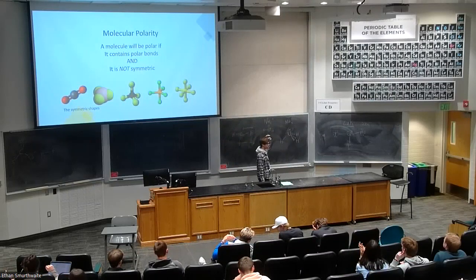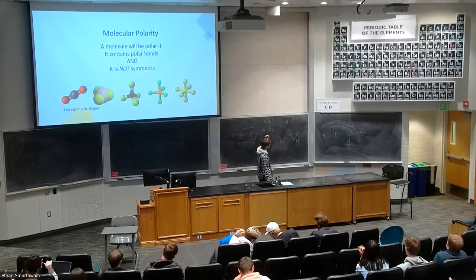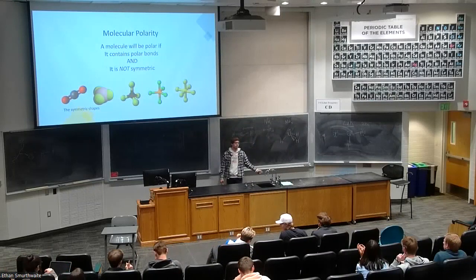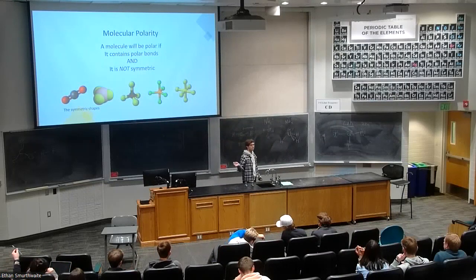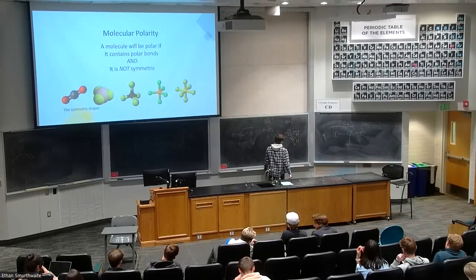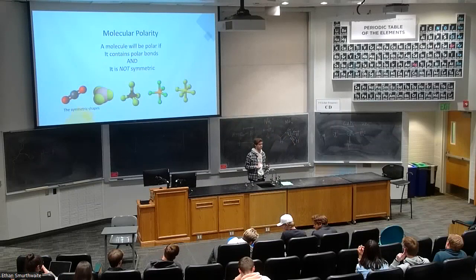I have a question for you guys. Which way is the polarity of the molecule going? Up. Why is it up? Very good, very good. You knew that. What if the hydrogen bonds were chlorine instead?